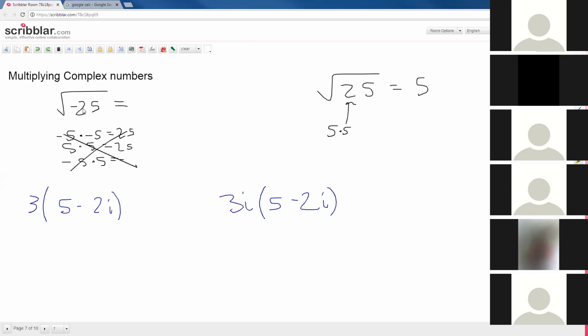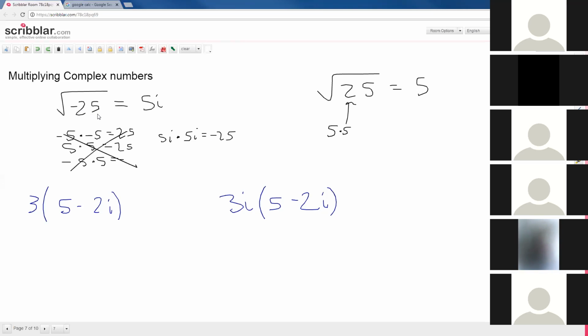So what they came up with is that when you square root a negative number, that's 5 with a variable i next to it. They call this an imaginary number. 5i times 5i equals that negative 25.